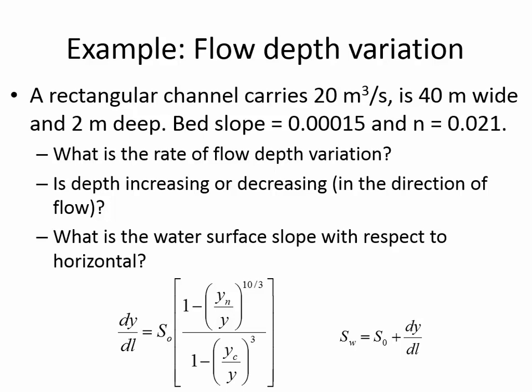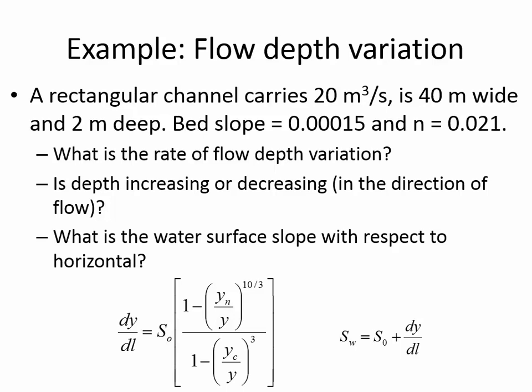That's what a positive value for dy dl means. The water is getting deeper. And it's true, the water is getting deeper. So what does this mean? A negative SW. It's a negative sign. But over here, I just told you the water is getting deeper. How can the water be getting deeper, but the slope of the water surface be negative? How do we reconcile that?